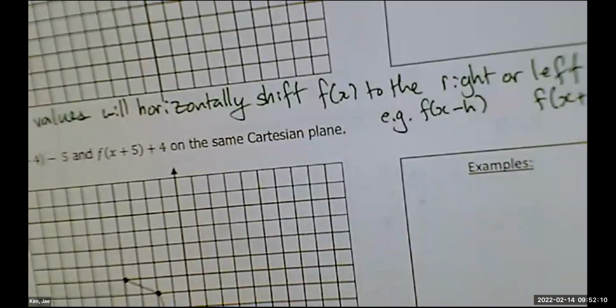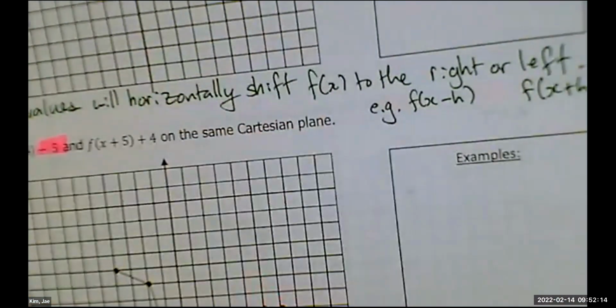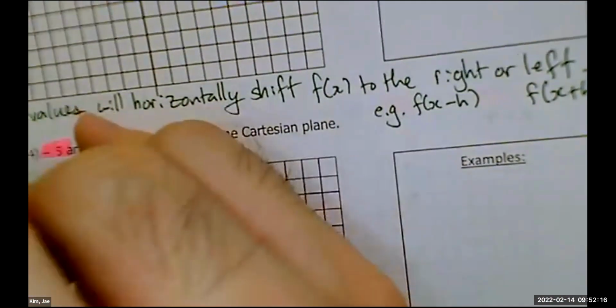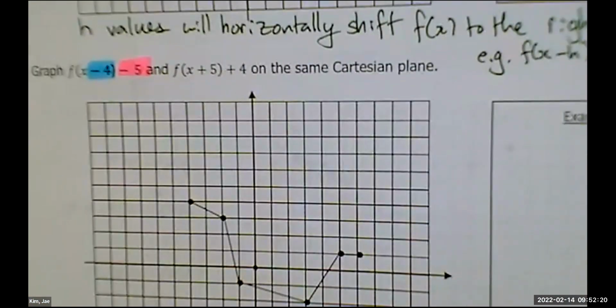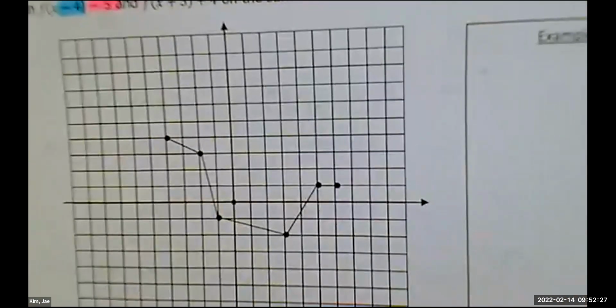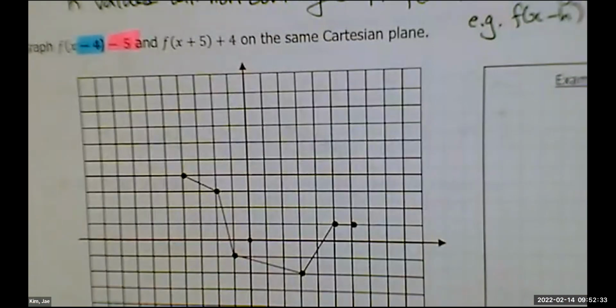I have a k value, and I have an h value. Can you draw me the function f of x minus 4 minus 5 on this graph? See if you can piece it together. Clearly there are two different things going on. See if you can draw it. What do each of those numbers mean?